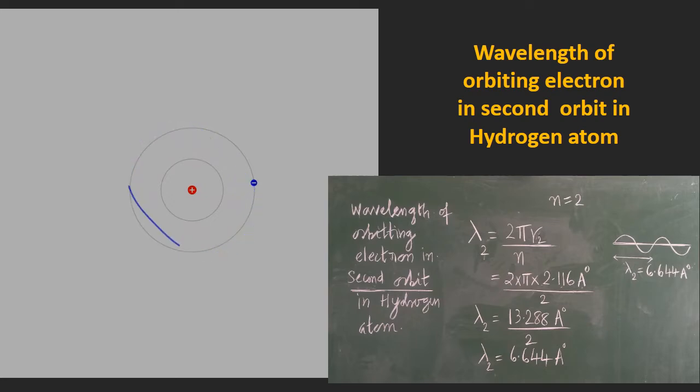Now you can see the standing wave pattern of the electron. Its corresponding wavelength in the second orbit is also calculated on the board. You can observe the de Broglie wavelength of the electron in the second orbit.